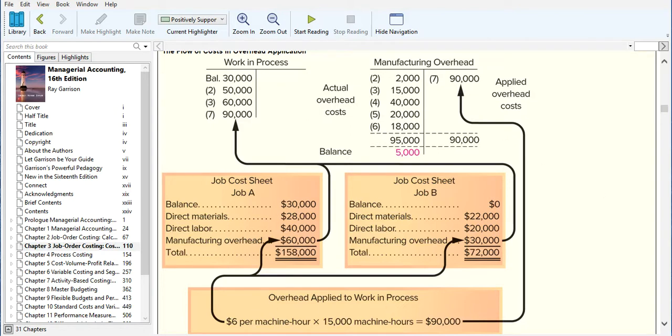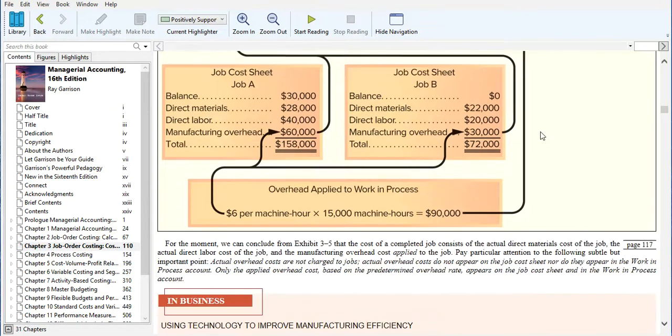And this is the calculation here, taking this out and applying it to each job. You get a total of 90,000. Now this $5,000 difference is going to result in overhead variations that we'll call over/under applied overhead.